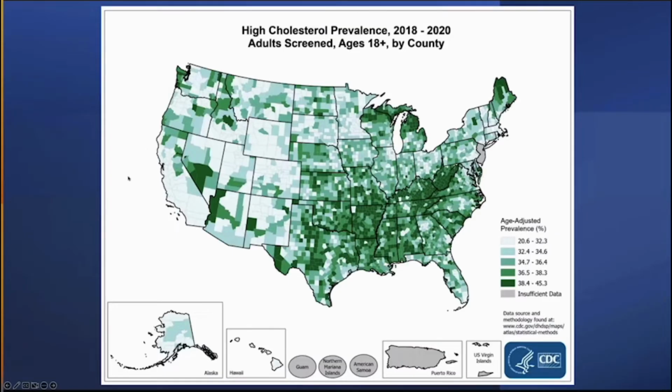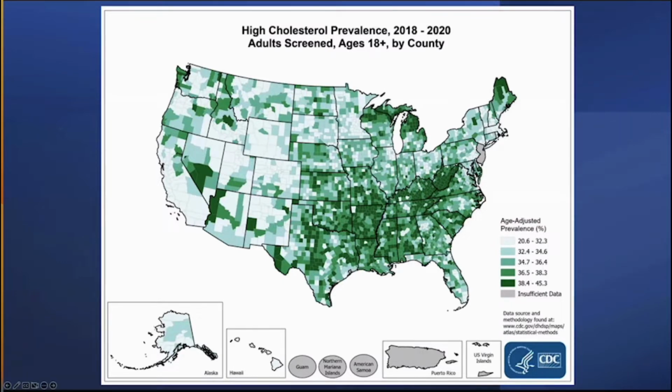And then this is more recent data that I just picked off from the CDC. Again, I believe these are based on NHANES data sets. So this is looking at the prevalence of high cholesterol in different counties in the United States. And the darker the shade of green, the higher the prevalence of elevated cholesterol. This is in adults.